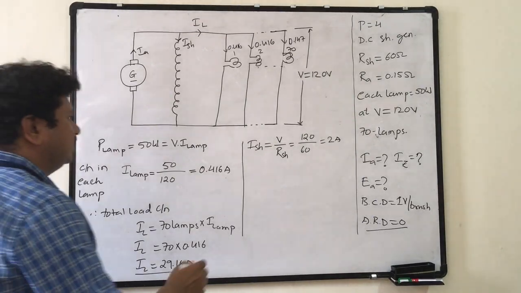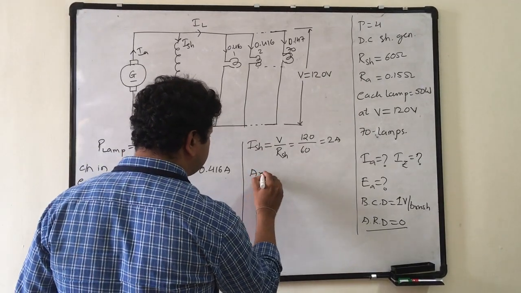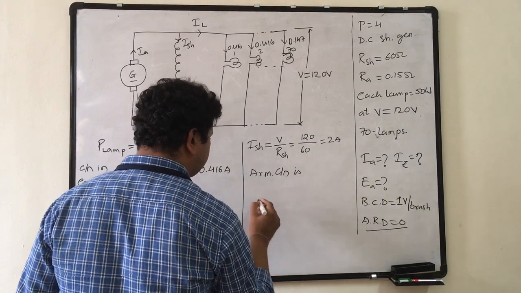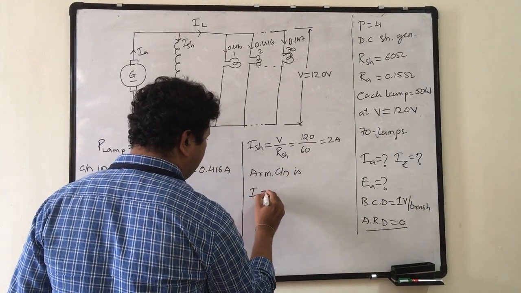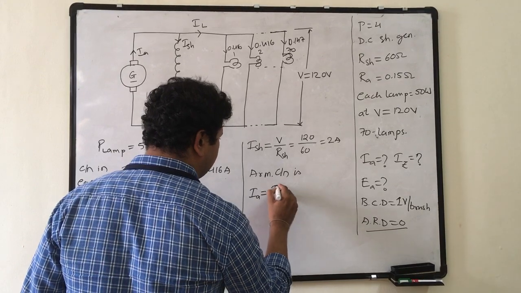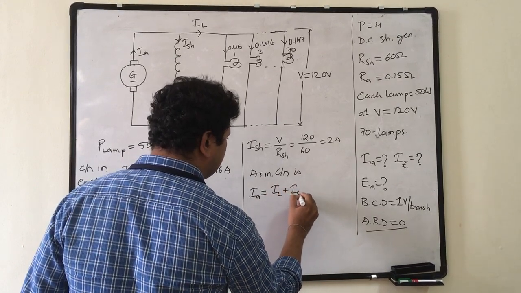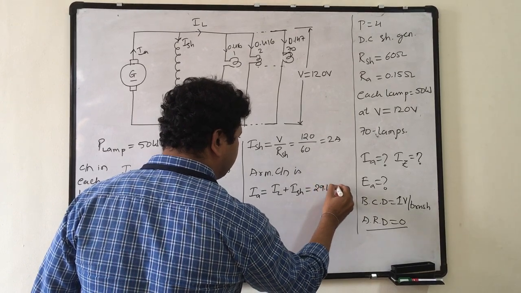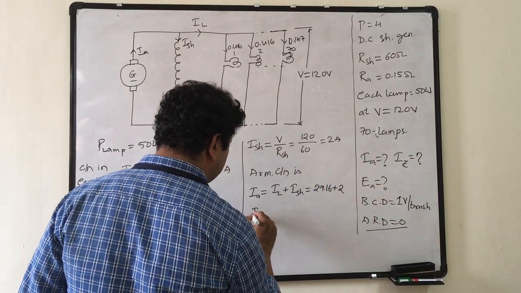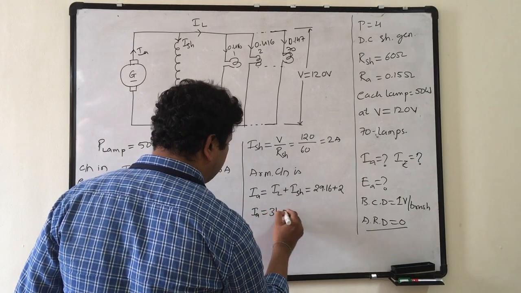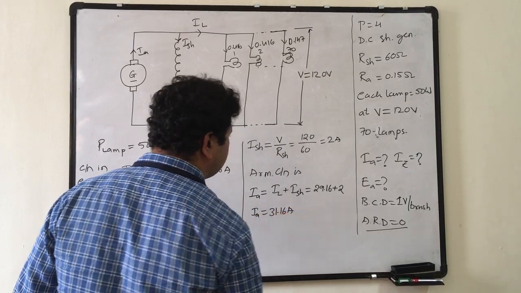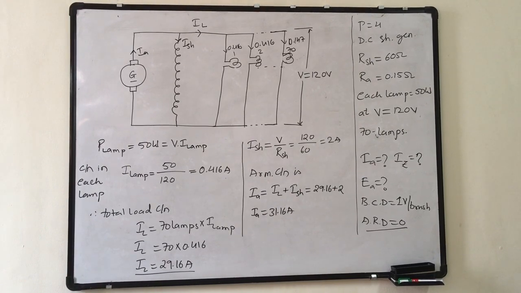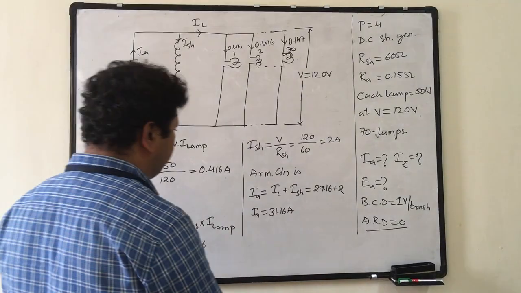Therefore, what is the armature current? IA is equals to IL plus ISH, that is 29.16 plus 2, 31.16 amperes. This is the armature current.